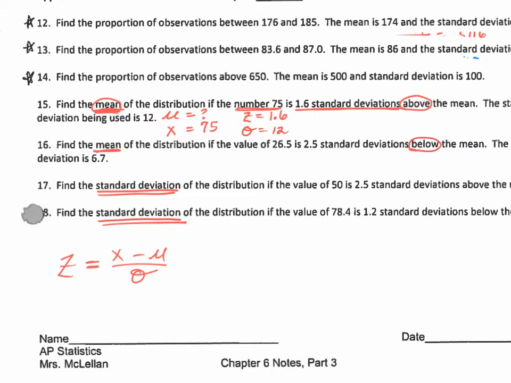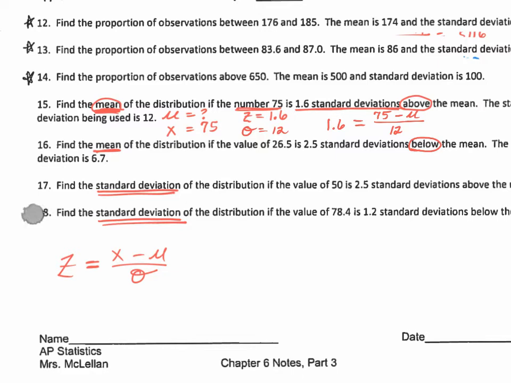So you would substitute in: 1.6 is the z, and that equals x, which is 75, minus mu, the unknown mean, over the standard deviation of 12. I'm going to leave the algebra for you there to solve for mu.